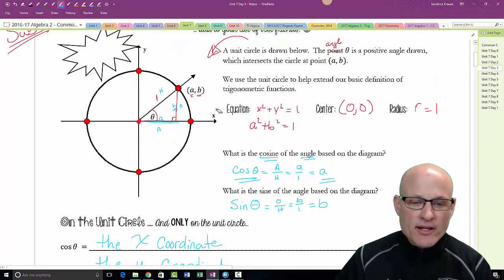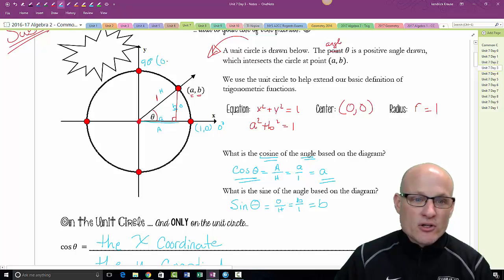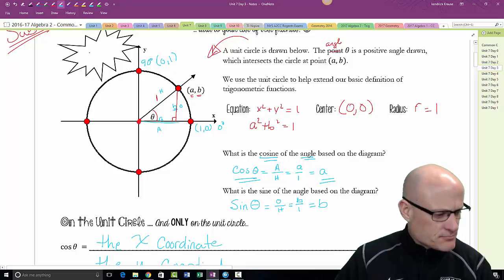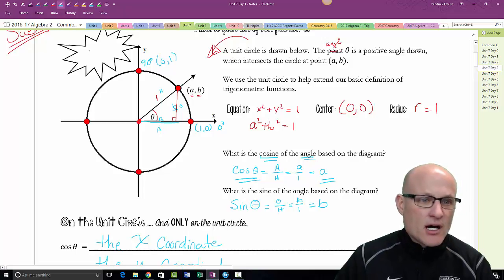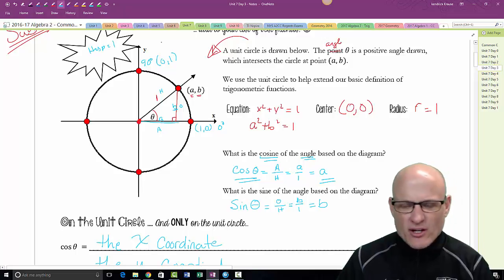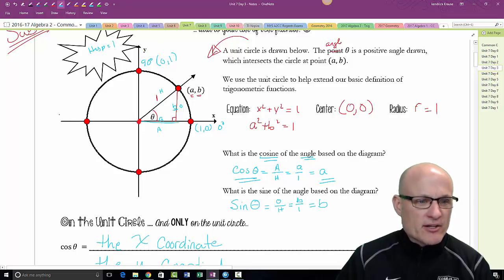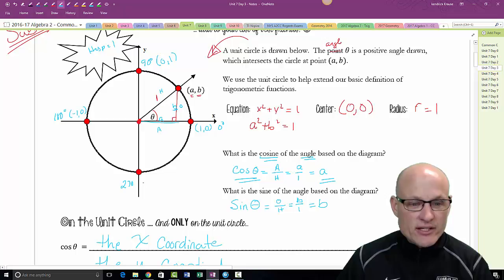Excuse me, let me try that again. 1, 0. And that's at 0 degrees. At 90 degrees, we've got 0, 1. Oh, and by the way, hypotenuse is equal to 1. Oh, we talked about that already. This one out here at 180 degrees is negative 1, 0. And at 270 degrees, we've got 0, negative 1.